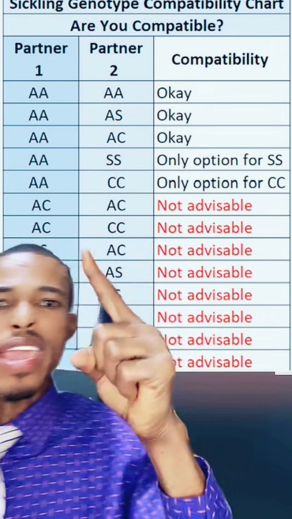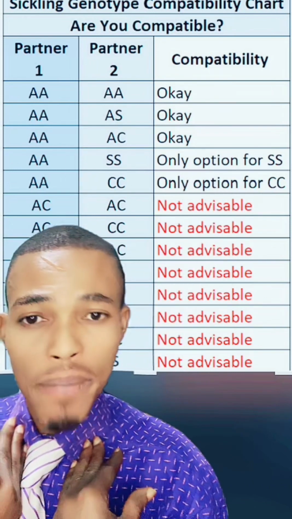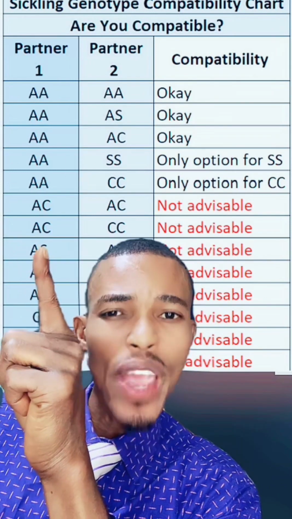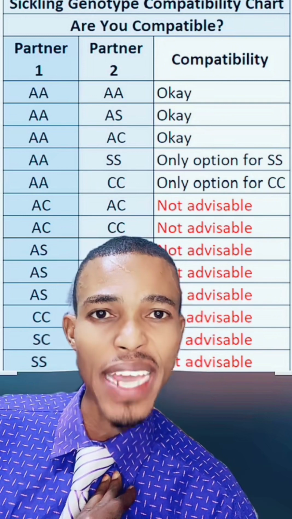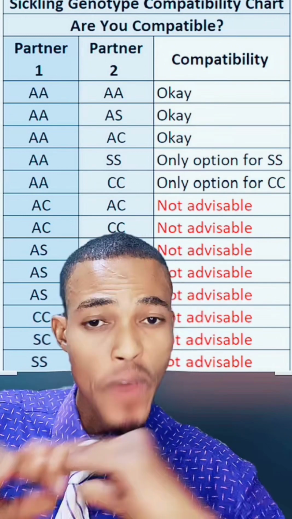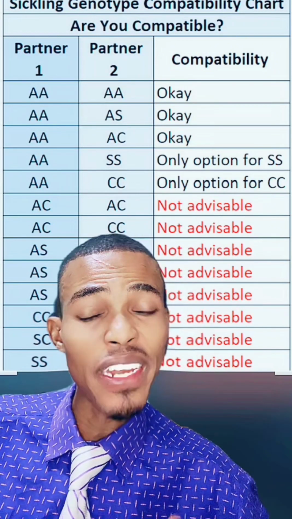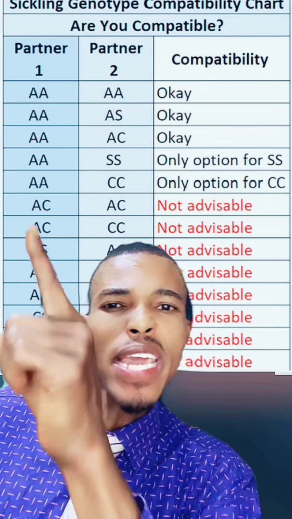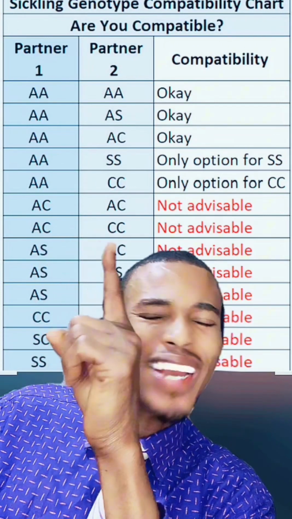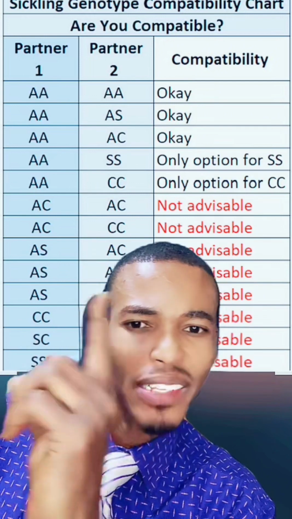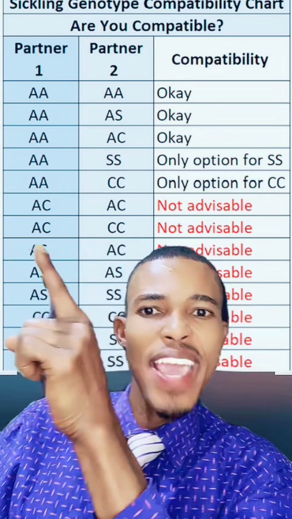Take note of that. If you are AS, like myself, I am AS, which is a very normal individual; you just have the sickle trait. If you are AS, you can't marry any other person who has a trait. Why?